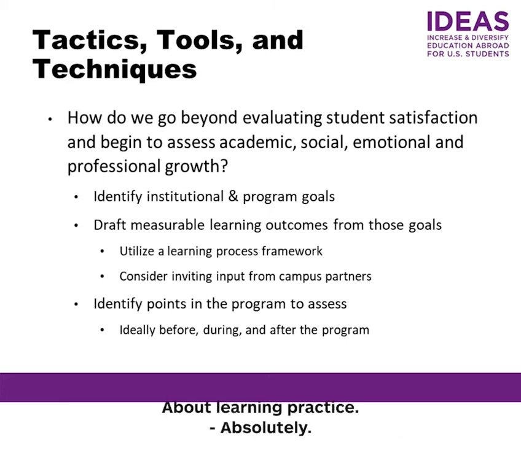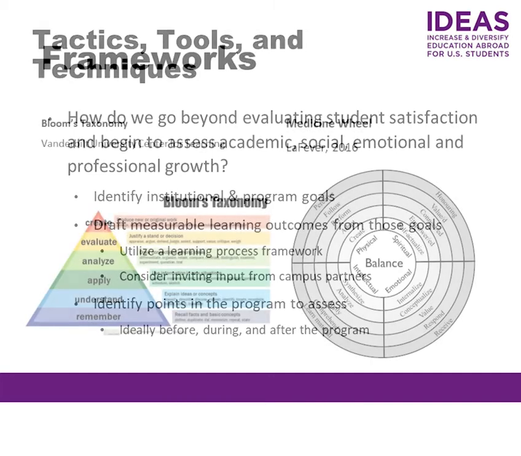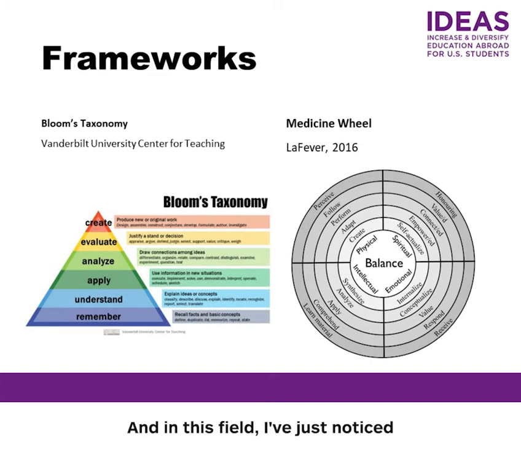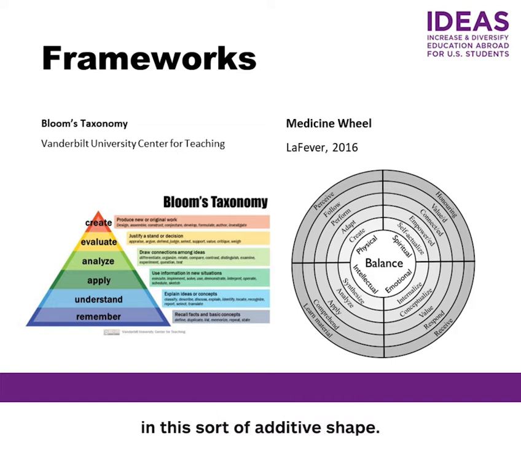About learning process. Absolutely. Yeah, we love a good framework. And in this field, I've just noticed so many various triangle-shaped diagrams for how we learn. We build Maslow's, Bloom's. Here's Bloom's taxonomy as a framework. Many of you may be familiar with Bloom's taxonomy, which is a framework that categorizes educational goals in this sort of additive shape.